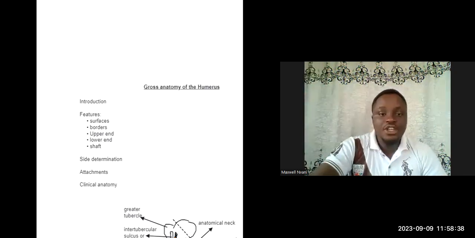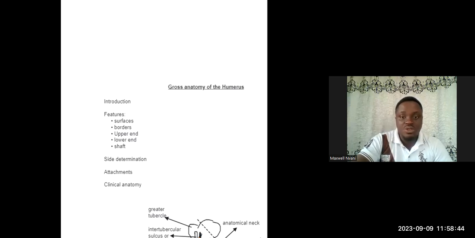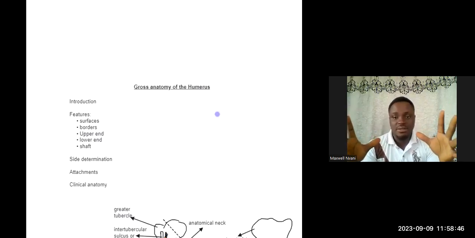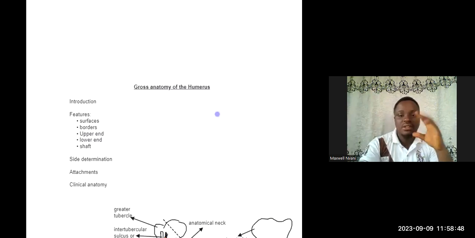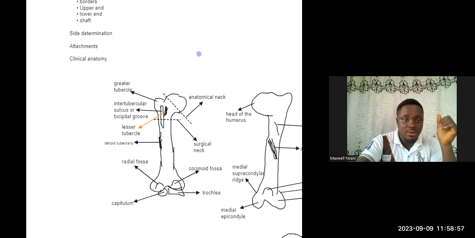So under features, the way we are going to talk about this bone is we'll divide the bone into three parts: the upper end, the shaft, and the lower end, okay? So look at my diagram here.